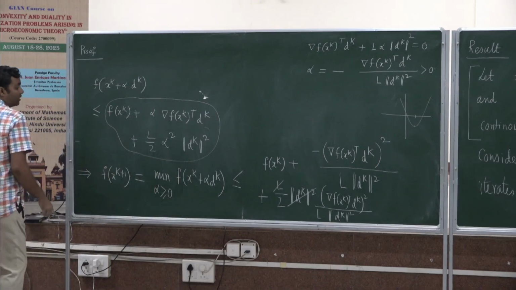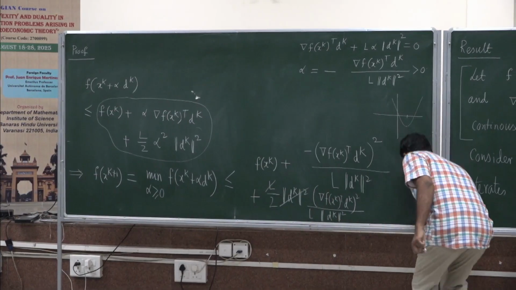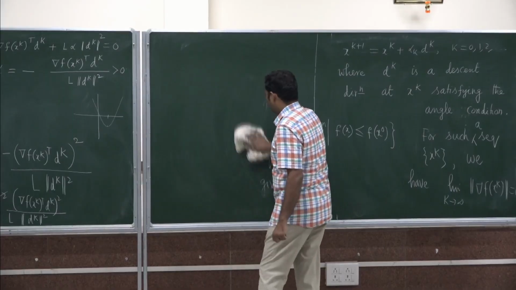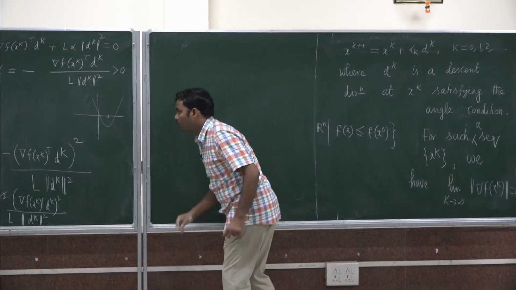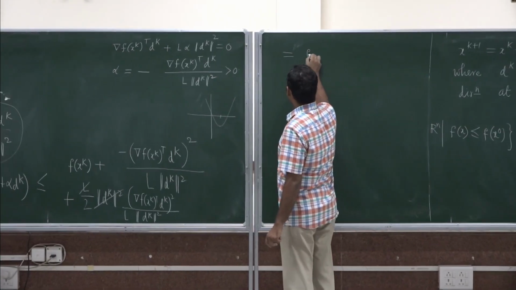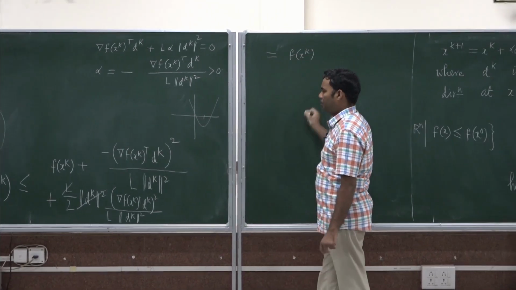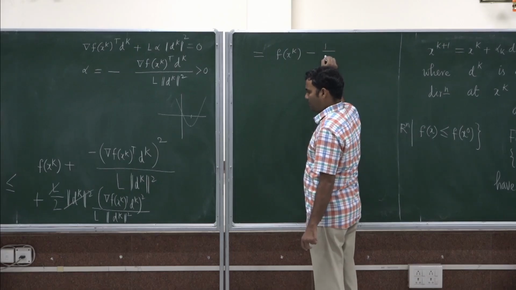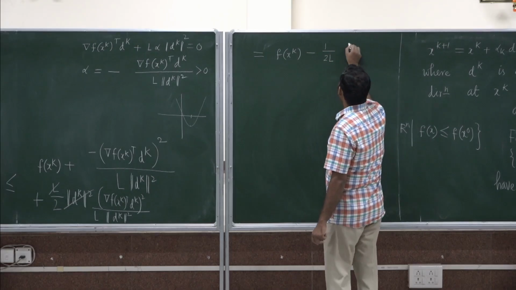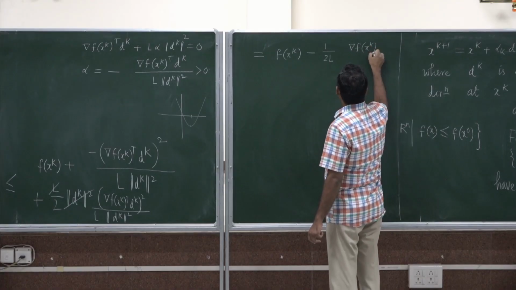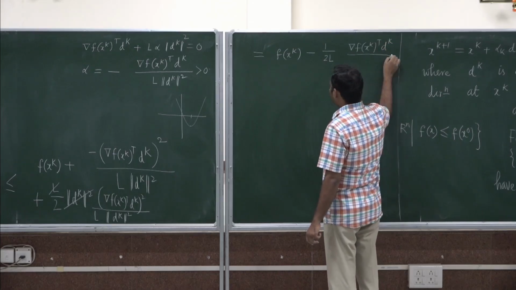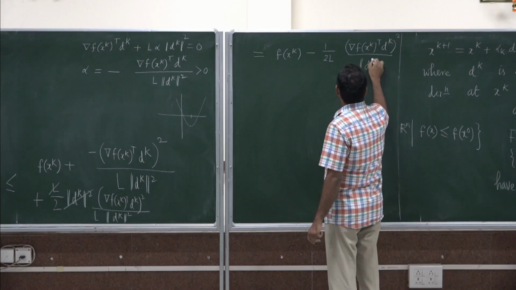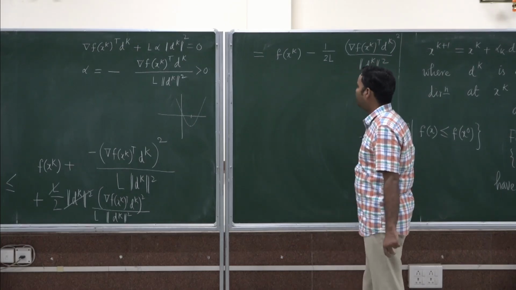Then we simplify it, and the simplification gives us f(x_k) minus half of 1 over L times gradient f(x_k) transpose d_k squared divided by norm of d_k squared.